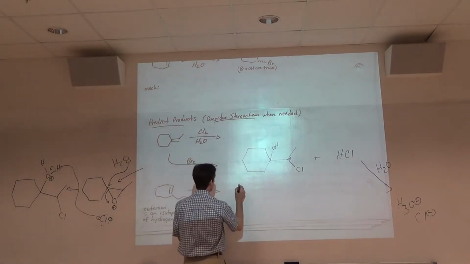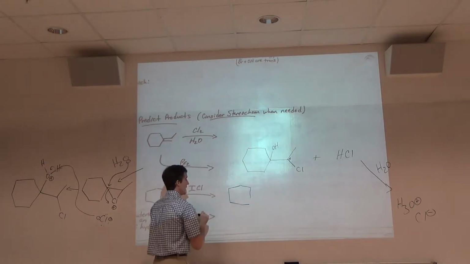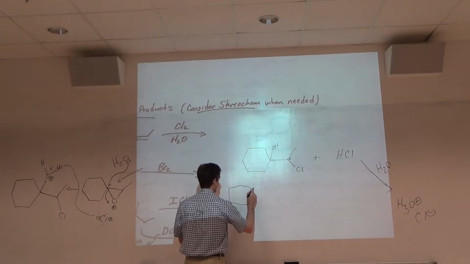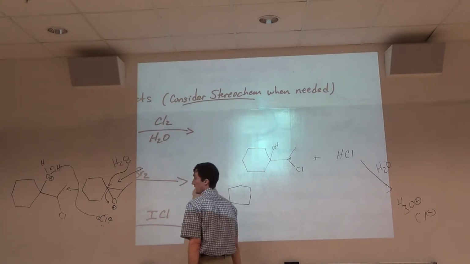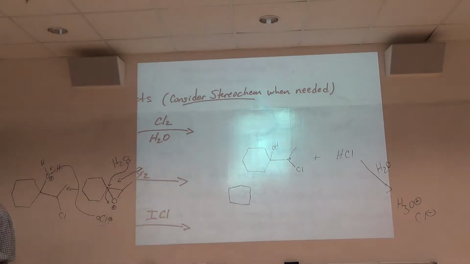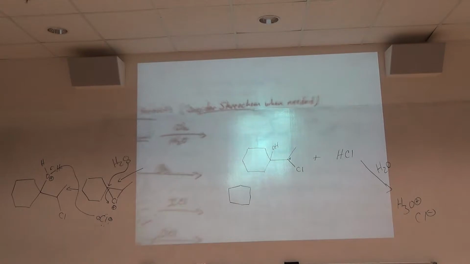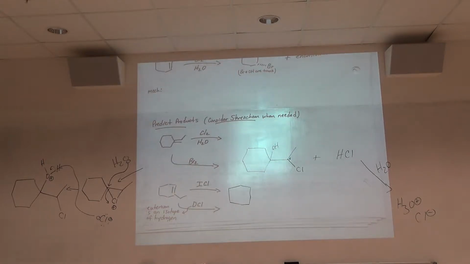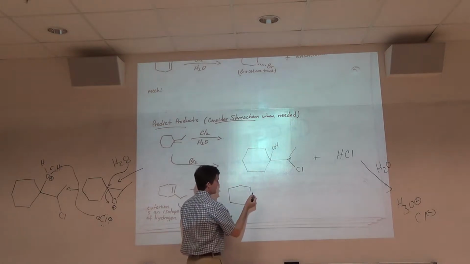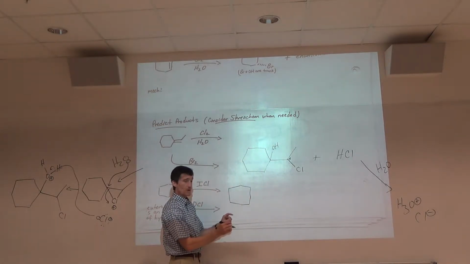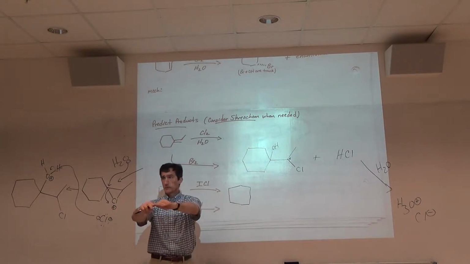Let's show the iodonium ion. It's a 3-membered ring. Both bonds have to be the same. Okay, I can't make a 3-membered ring.